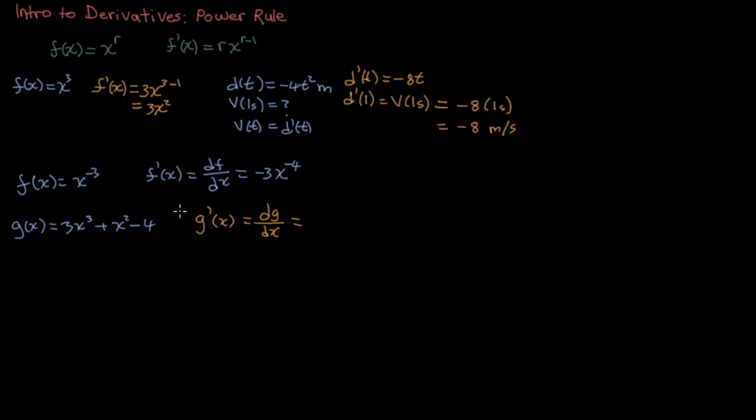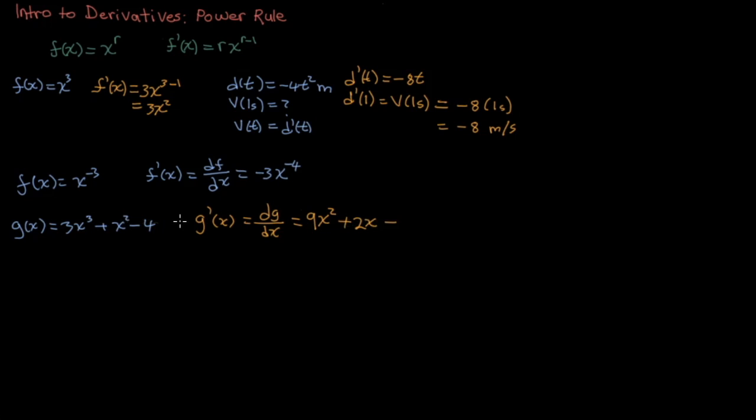The only difference is here we just have multiple terms. So we'll do the power rule for this term, then the power rule for this term, and then the power rule for this term. So over here we'll write, 3 times 3 is 9, 9x, and then 3 minus 1 is 2, plus 2 times 1 is 2x, 2 minus 1 is 1, so we'll just leave that there.